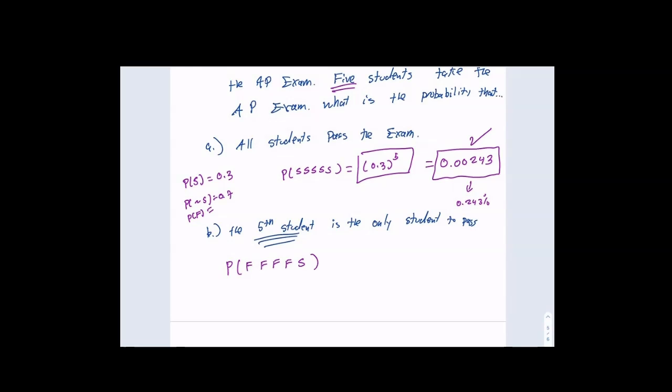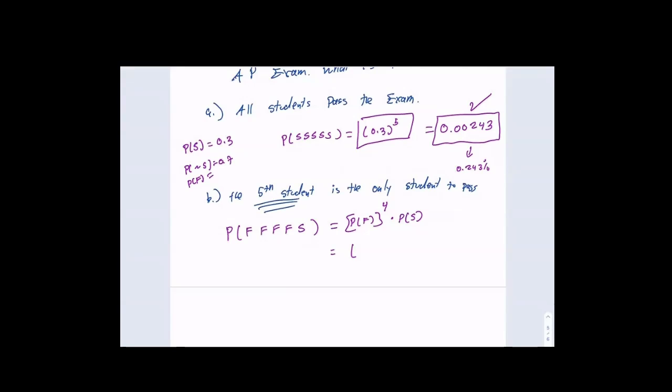So this probability would be what? I have 4 failures. I'll write it out this way. So it's the probability of failure to the 4th times the probability of a success, which is 0.7 to the 4th power.